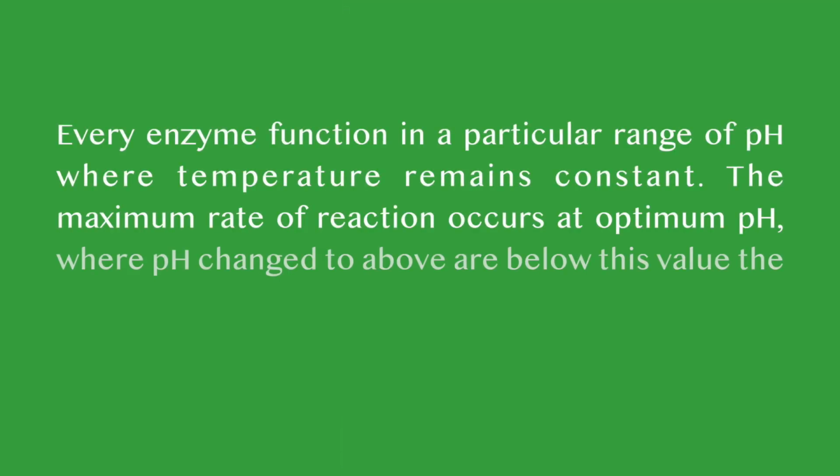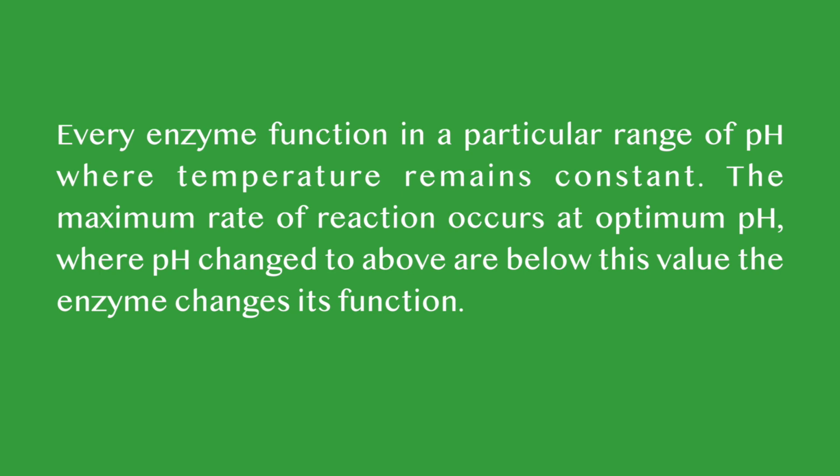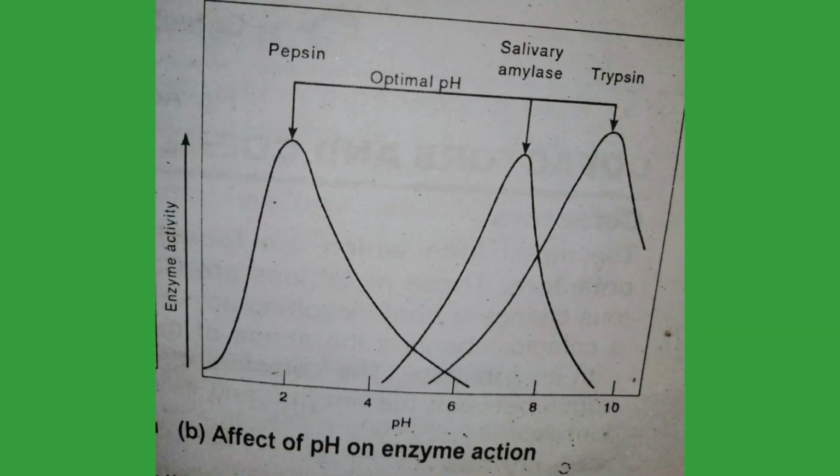This is the pH scale. Every enzyme functions in a particular range of pH when temperature remains constant. The maximum rate of reaction occurs at optimum pH. When pH changes above or below this value, the enzyme changes its function. Optimum pH means a narrow range of pH in which an enzyme can work most effectively, right?